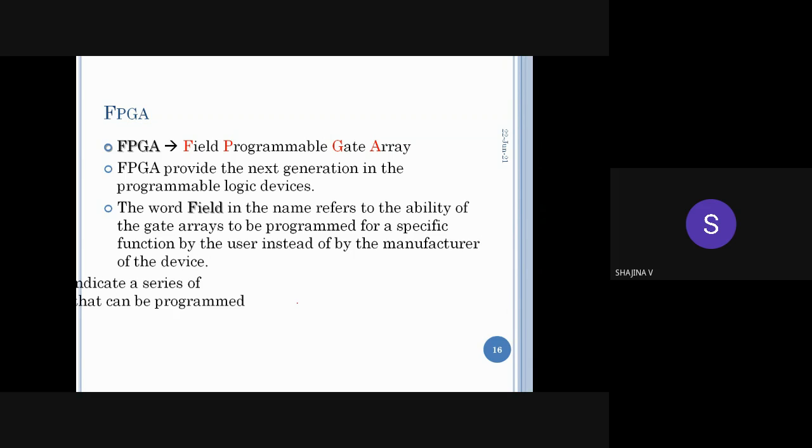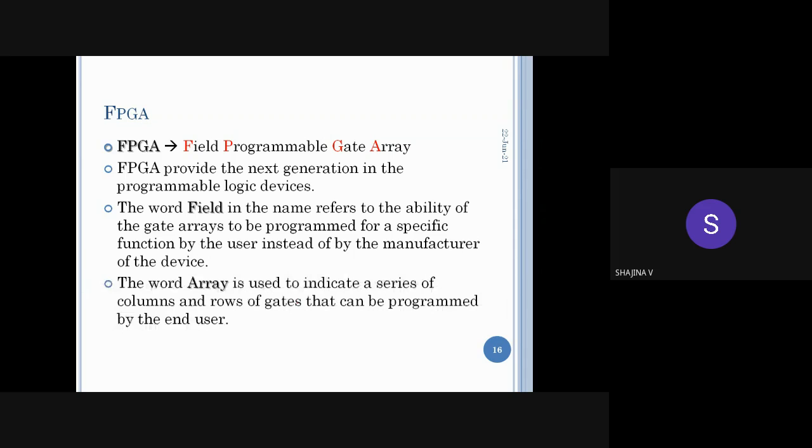Okay, and array means a series of columns and rows of gates that can be programmed by the user. I said that earlier. Array just means that. We arrange the gates as columns and rows that can be programmed. That is why we are calling it programmable gate array. So there will be an array of gates arranged in columns and rows, in the form of an array.